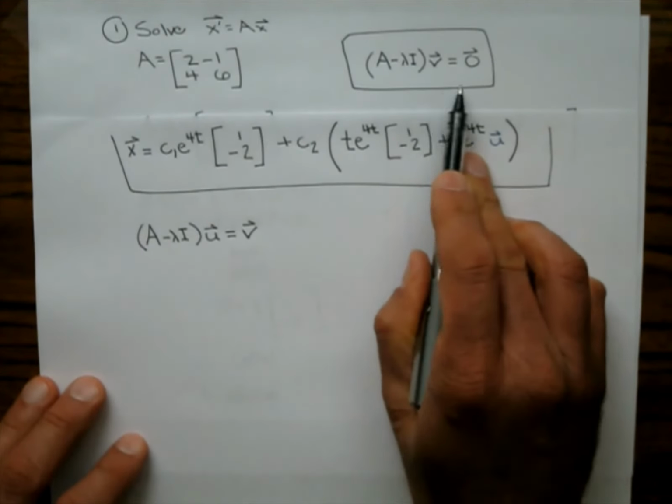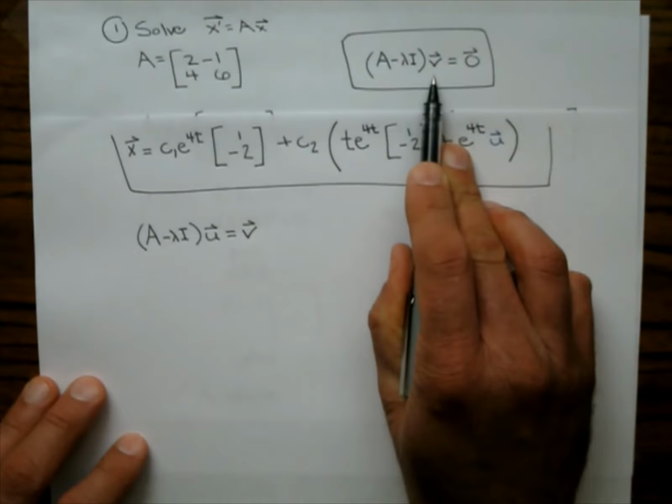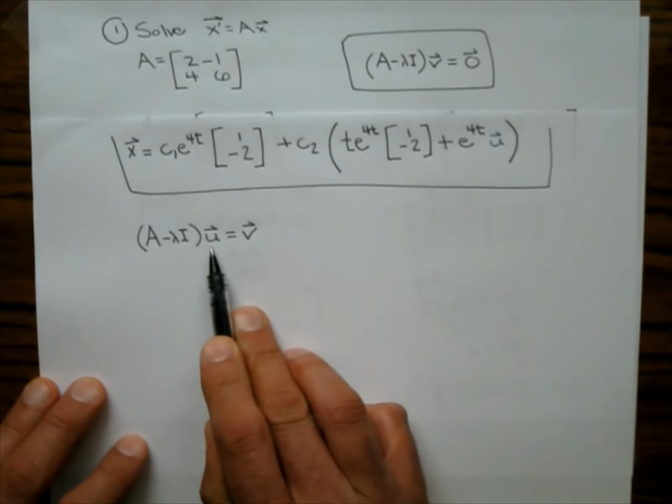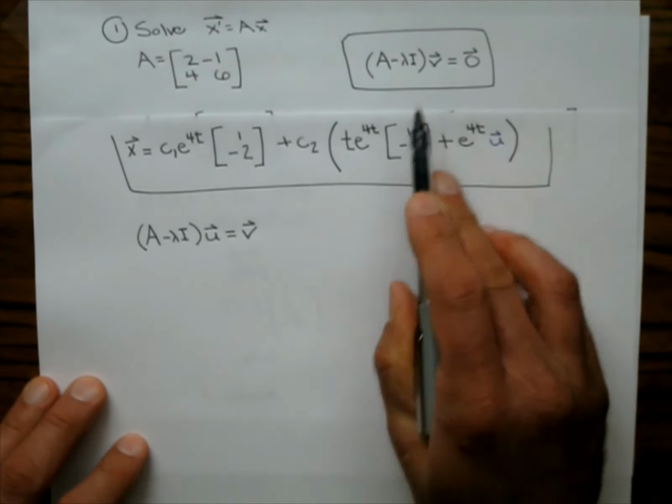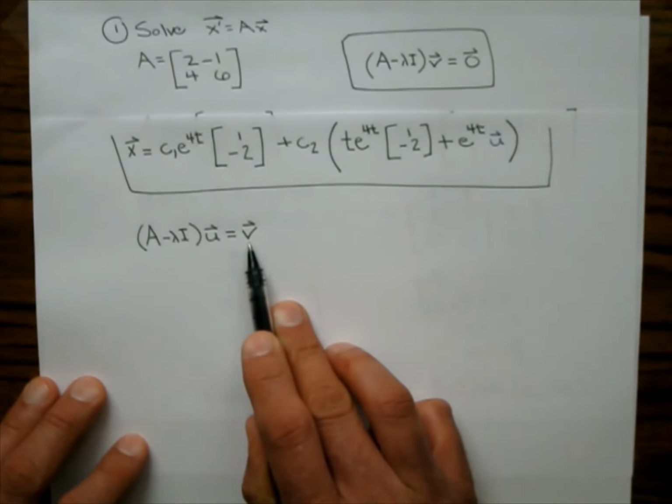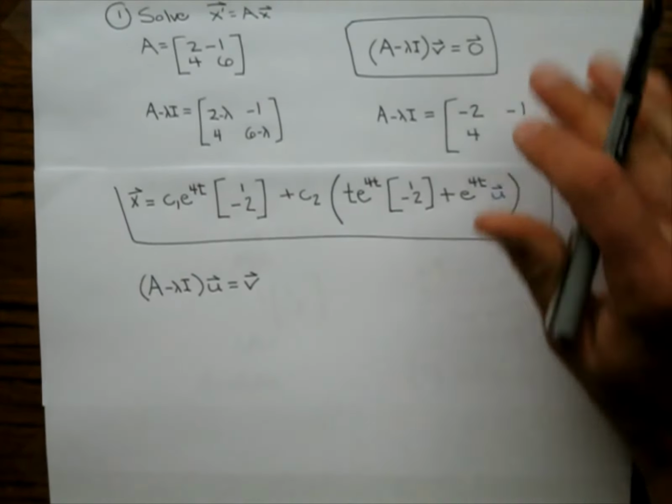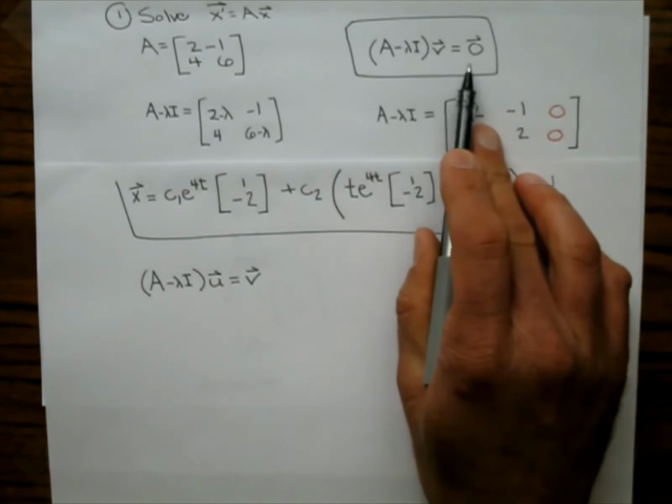So it kind of looks like this, except now we know what v is, and we're going to put a u there, and we're not going to put 0 there, but now we're going to put v there. So when we did this, we wrote this matrix when we did the one up here.